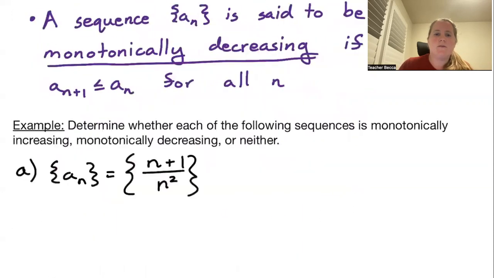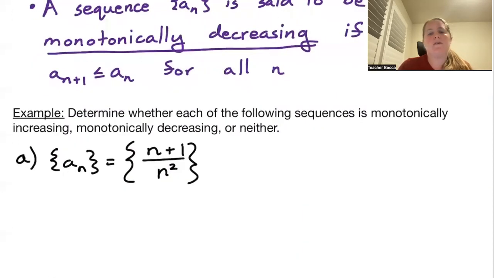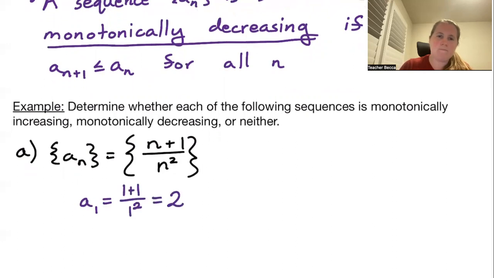So let's, for example, determine whether each of the following sequences is monotonically increasing, monotonically decreasing, or neither. If we look at a sub n equaling (n plus 1) over n squared, let's just see what happens as we work our way through the sequence. A sub 1 is 1 plus 1 over 1 squared, which is 2.